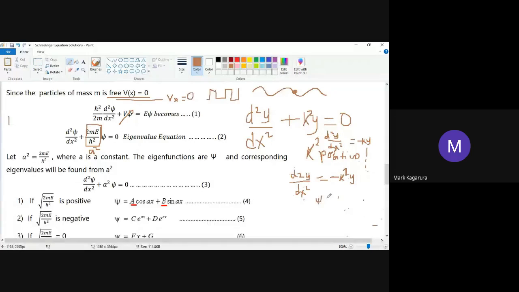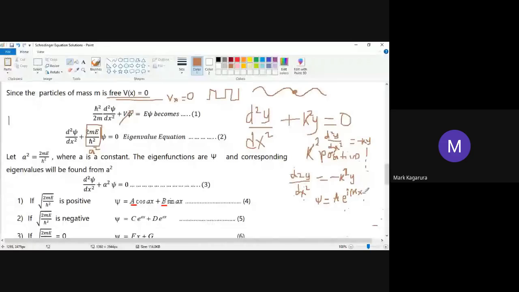Okay, so we know intuitively that when we are differentiating our wave function, psi is equal to A e to the power j(kx minus omega t).